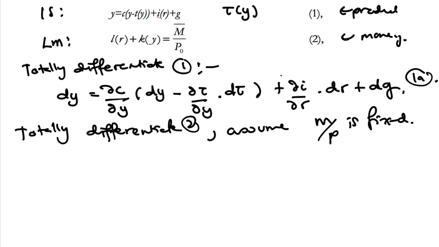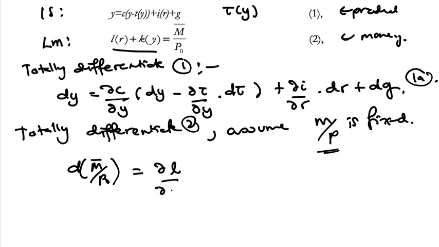There's no change in money supply, therefore we have to assume real money supply is fixed. We totally differentiate 2. It becomes d of M over P naught, which is constant, equals, totally differentiating the left hand side, delta L over delta R plus delta kappa over delta Y.